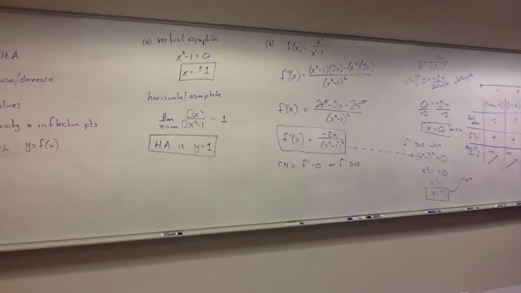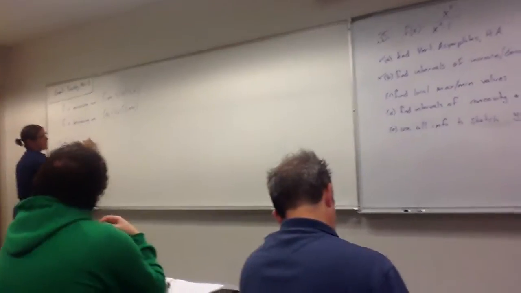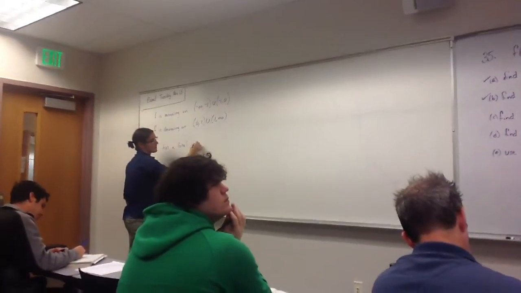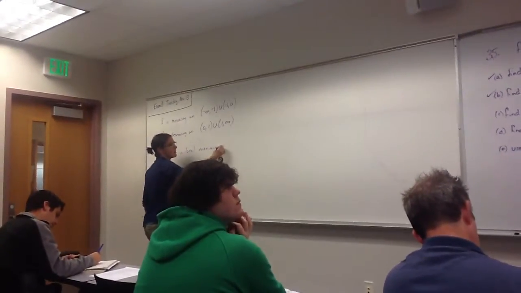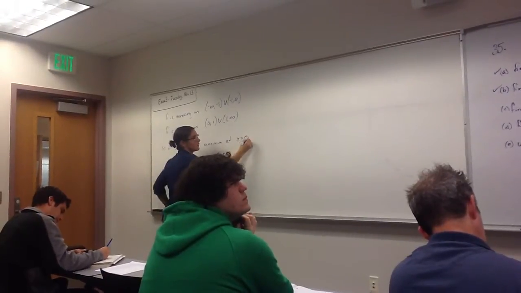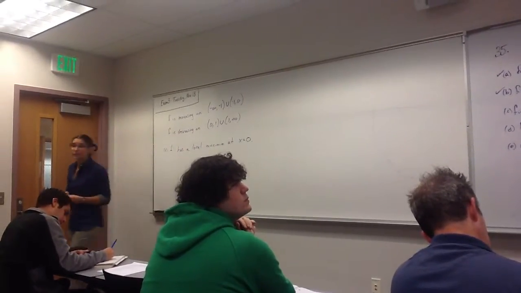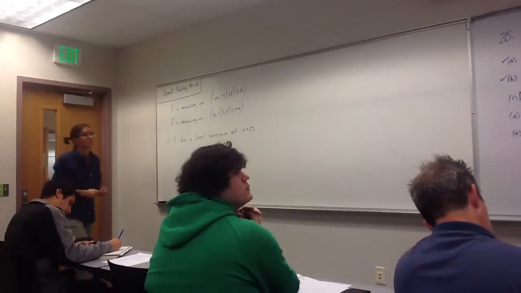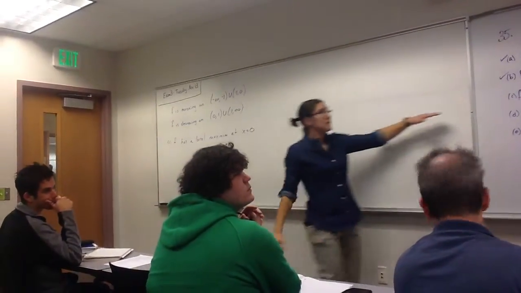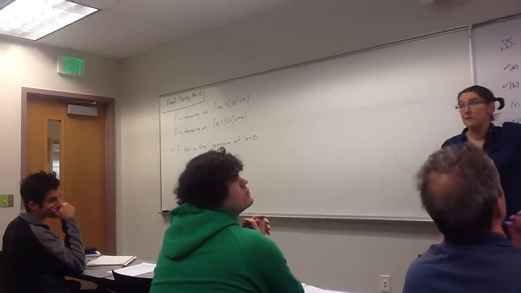So part C, f has a local maximum at x is equal to 0. Now, part C says to find the local maximum and minimum values.